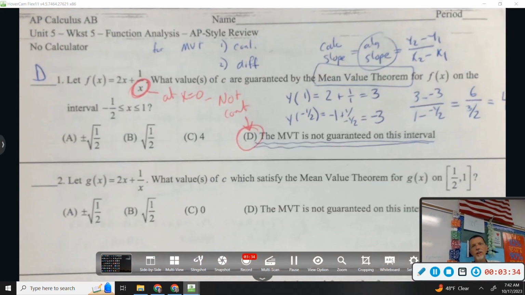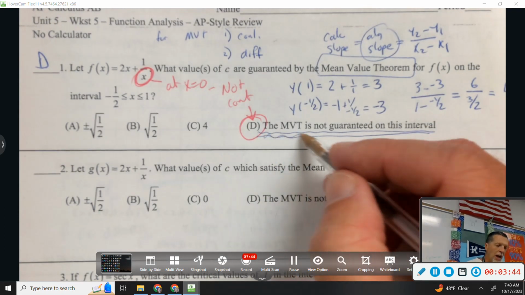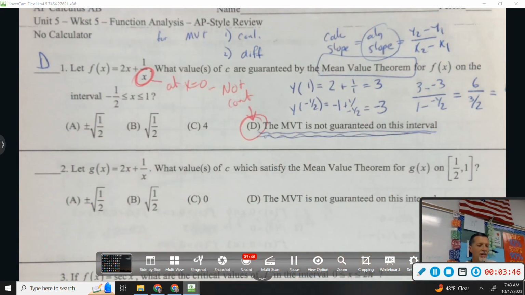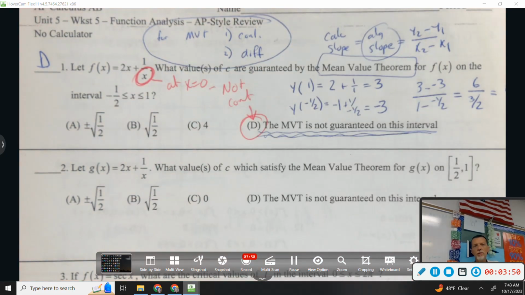So shame on me for not checking first, but again, that's why you check all the answer choices or try to reason through why that is there. It's because there are times when MVT isn't guaranteed, and it's when it's not continuous or differentiable.